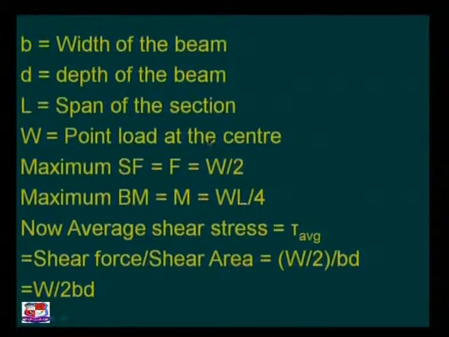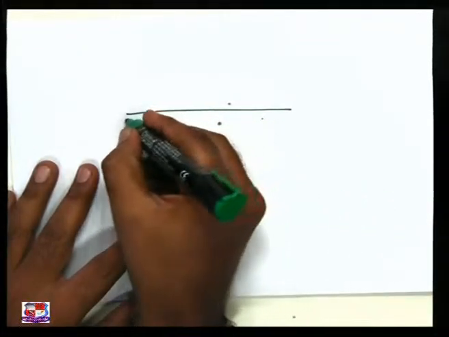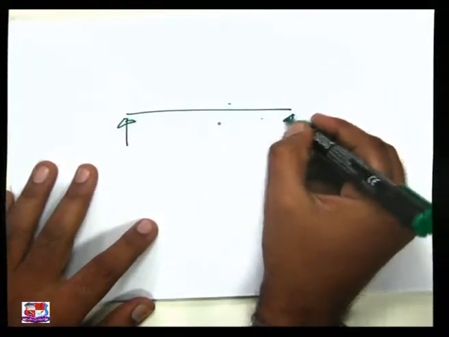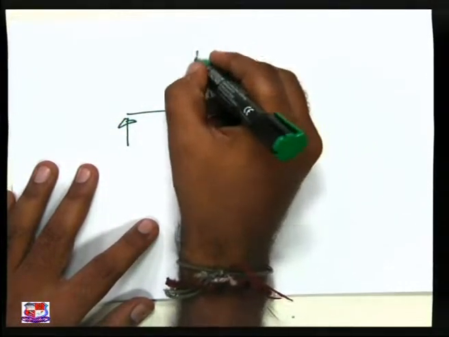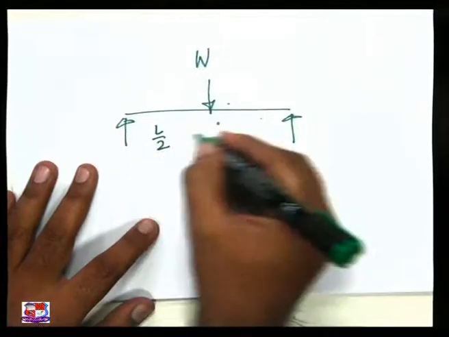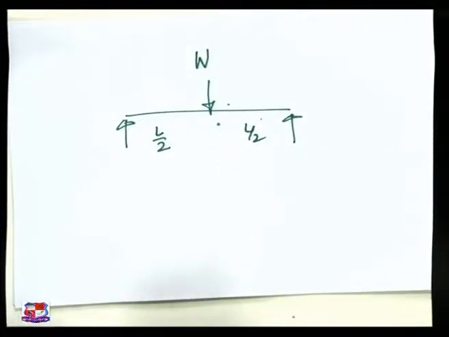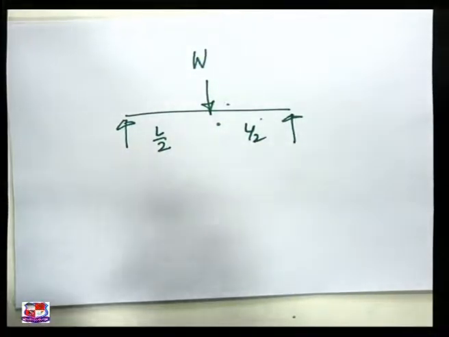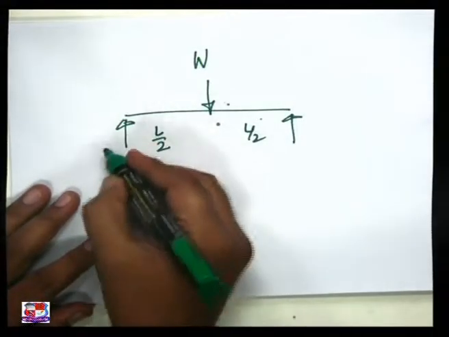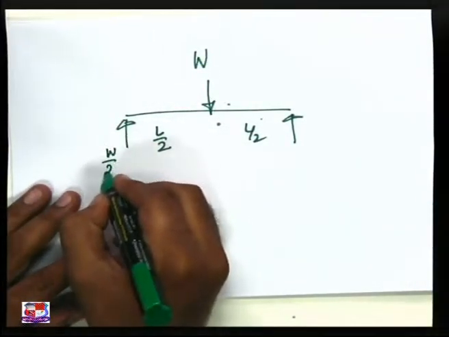Let us see over here on this tabletop. Simply supported beam with central point load W. L by 2 is the distance. Now, what will be the reaction? Reactions are W by 2.